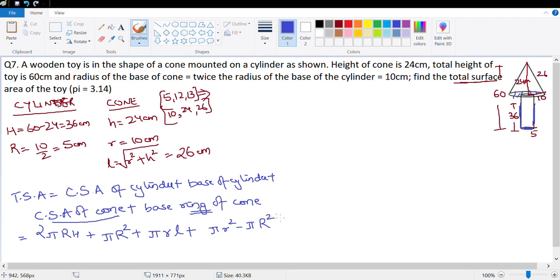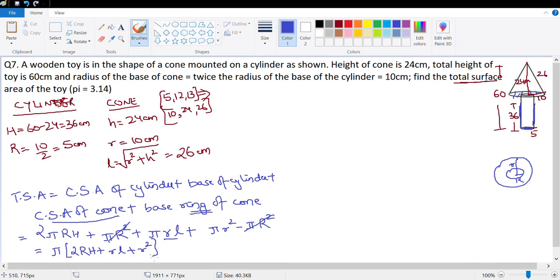So if I draw a cross section of this base ring, this is the capital R, this is the small r. The outside one is of the cone, the inside one is of the cylinder. This pi r square and capital pi R square get cancelled. So what we have is 2 pi Rh plus pi rl plus pi r square. Anything common? Yes, I can take pi common. If I take pi common, what I am left with is 2Rh plus rl plus r square.